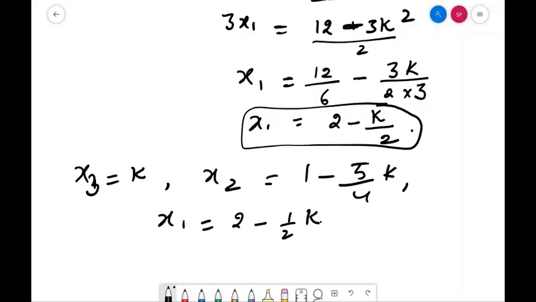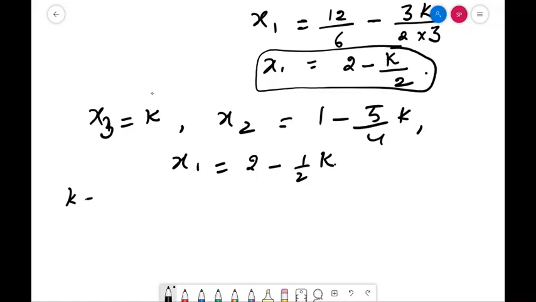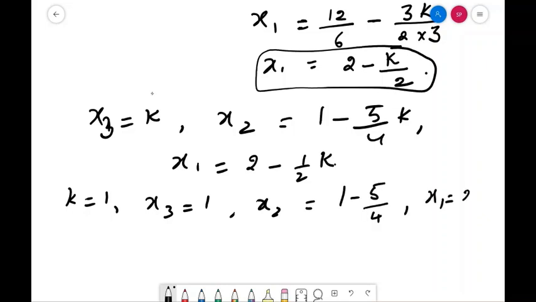So how many solutions will this have? When I assume x3 is equal to k, I can give any value. Suppose k is equal to 1. Then x3 is 1, x2 is equal to 1 minus 5 by 4, and x1 is equal to 2 minus 1 by 2, which gives the values minus 1 by 4 and 3 by 2.